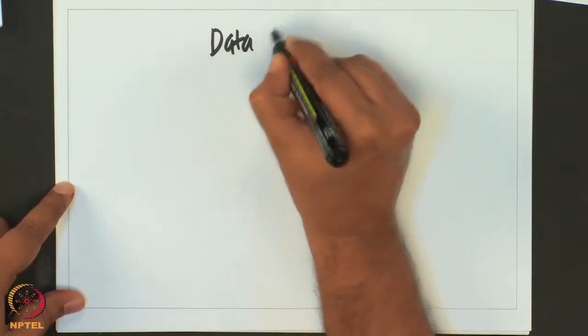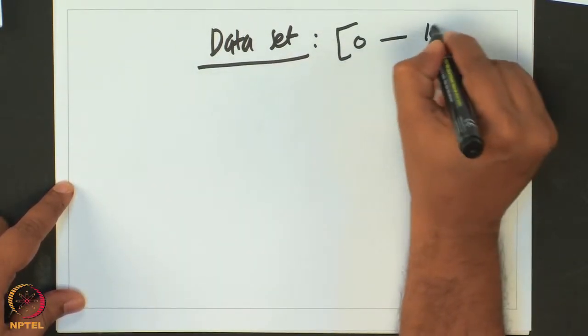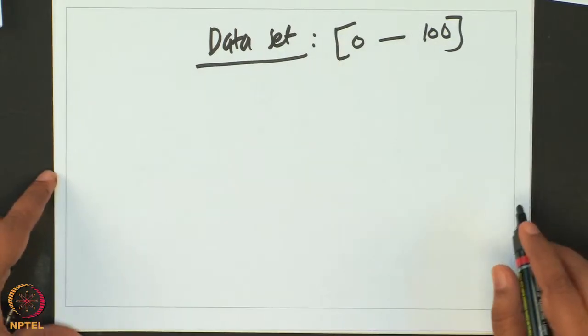So imagine that you have marks or any quantity between some numbers, let us say between 0 and 100. We have a huge data set, and all numbers are between 0 and 100.